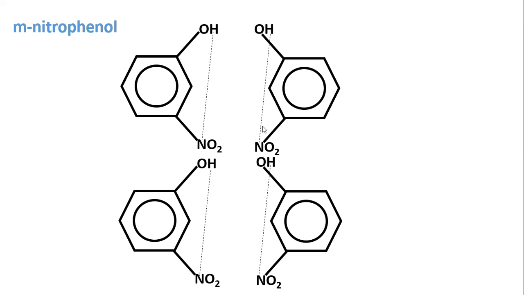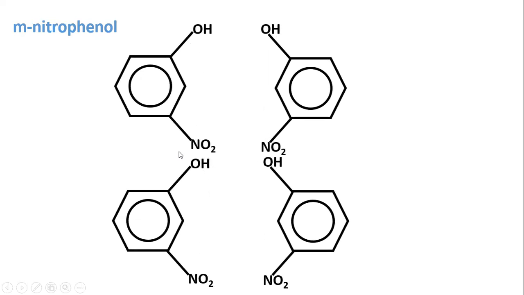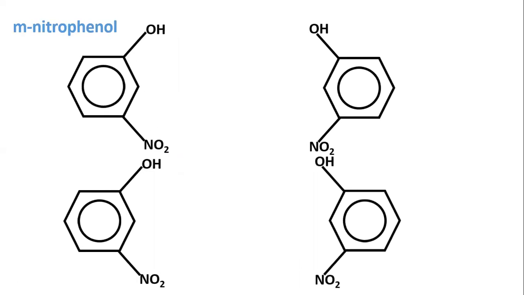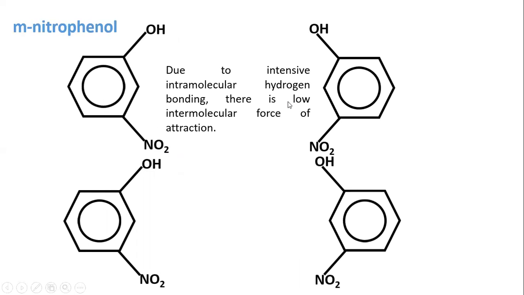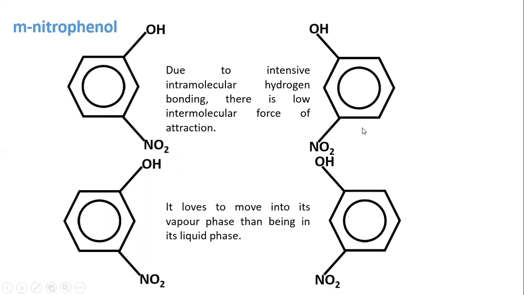Since this is intramolecular, the intermolecular hydrogen bonding would be reduced. Due to this intensive intramolecular hydrogen bonding, there is low intermolecular force of attraction, and due to this it loves moving to its vapor phase rather than being in its liquid phase.